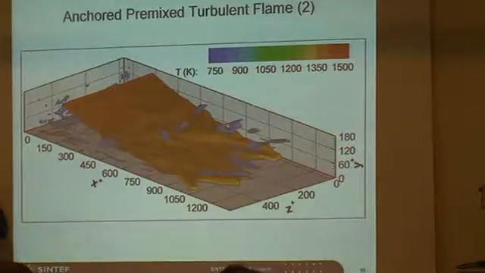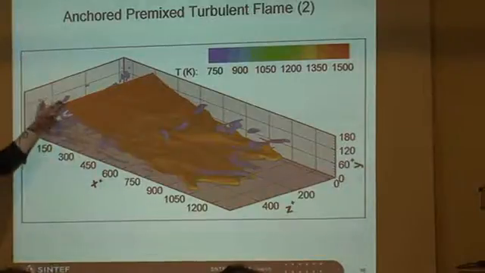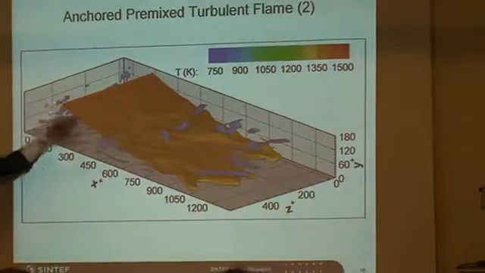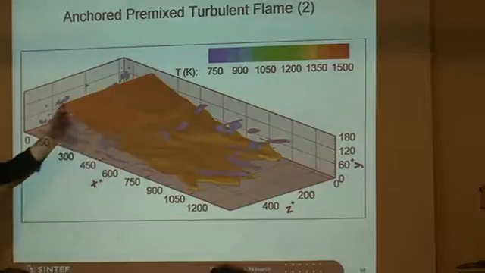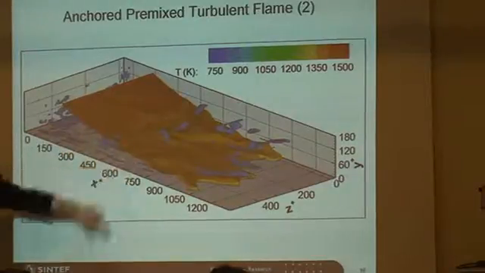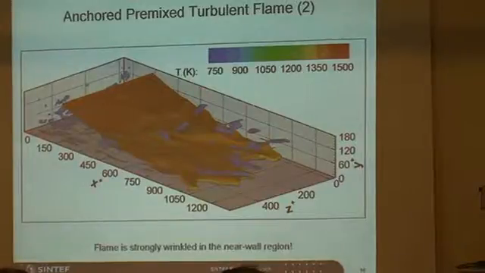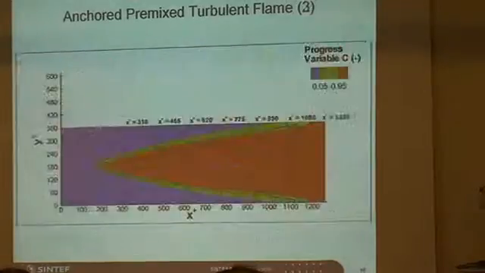So it's a very high velocity. The fluctuations at the center line are 80 meters per second. So it's a laminar flame here at the center. But here it's very turbulent. So, yeah, the flame is strongly wrinkled.